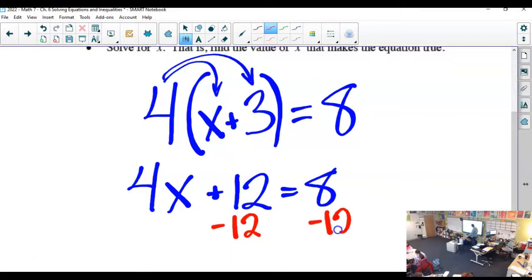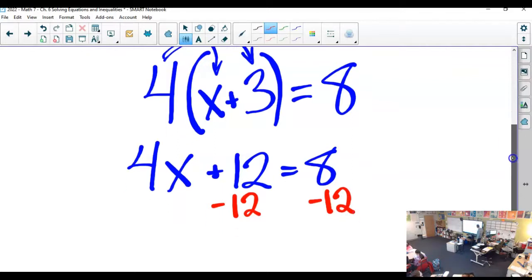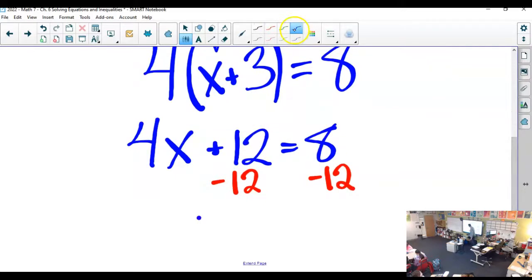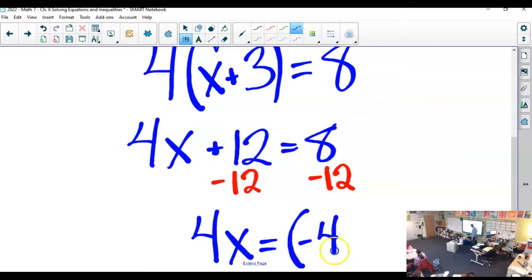Ooh, 8 minus 12. Careful here. What's 8 minus 12? Negative 4. So we have 4x equals, and I'm going to put it in parentheses because it's negative and that's just a little nicer. 4x equals negative 4.